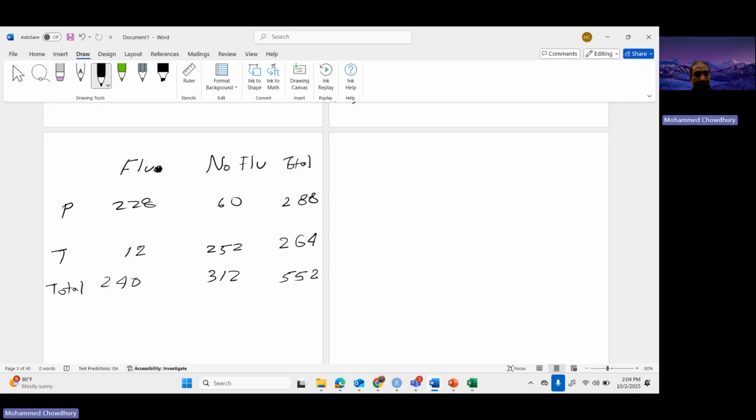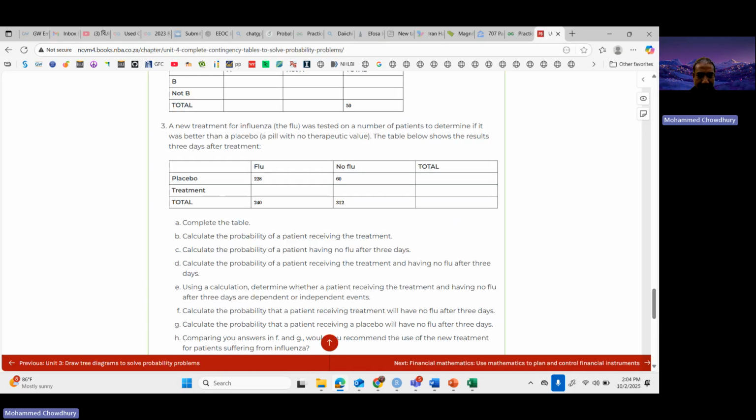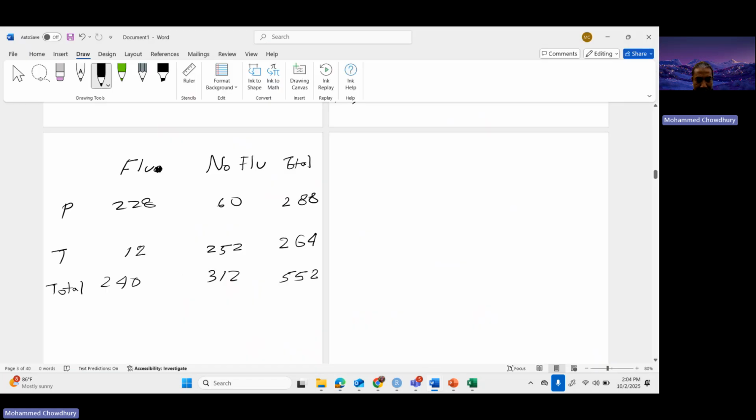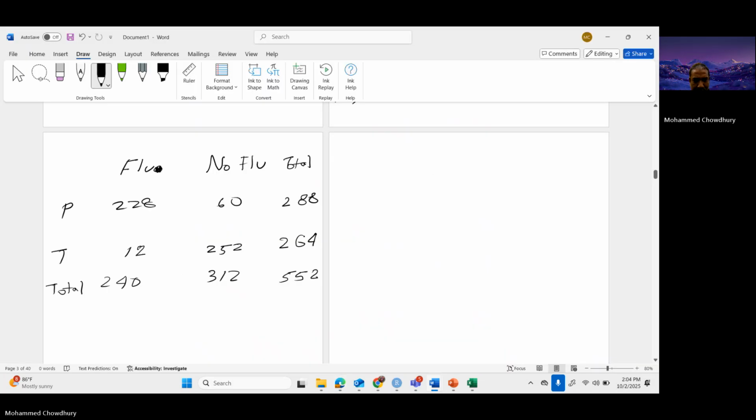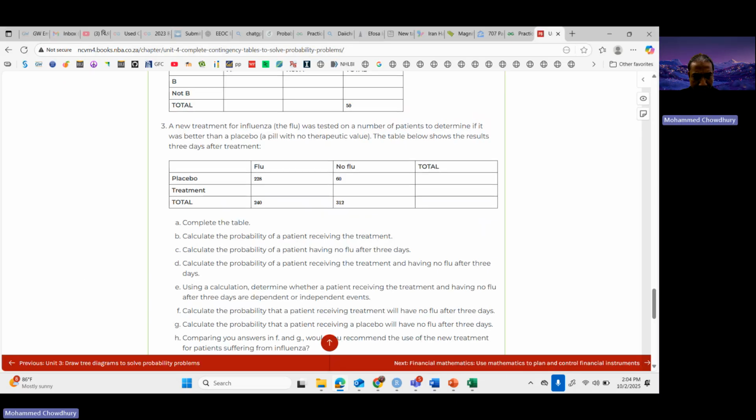So now after completing the table, calculate the probability of a patient receiving the treatment. Receiving the treatment, that means 264 over 552. This is number 1. Number 2 is telling you to calculate the probability of a patient having no flu after 3 days.